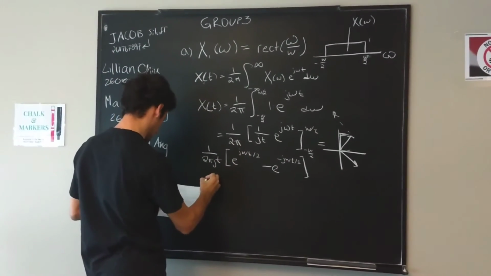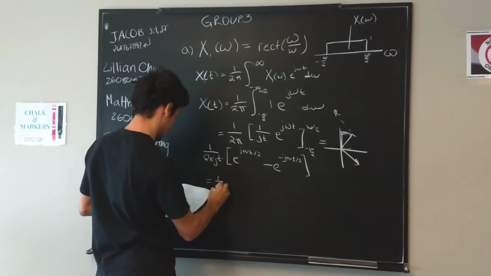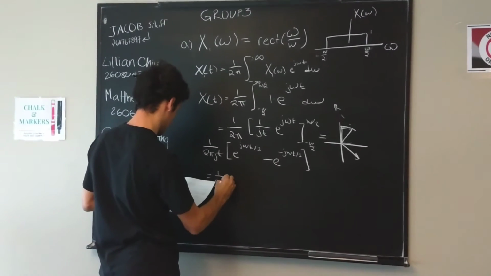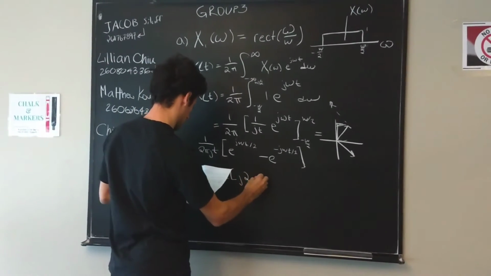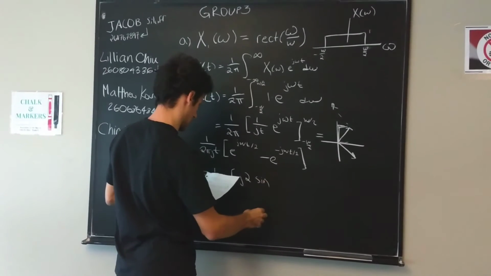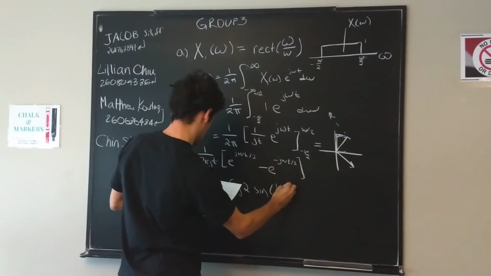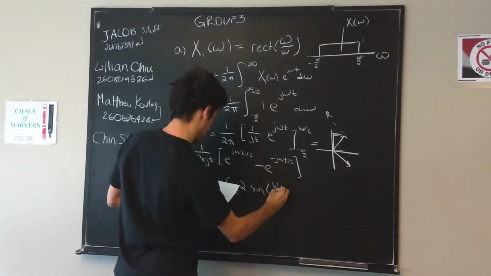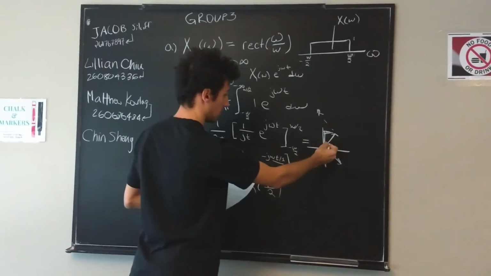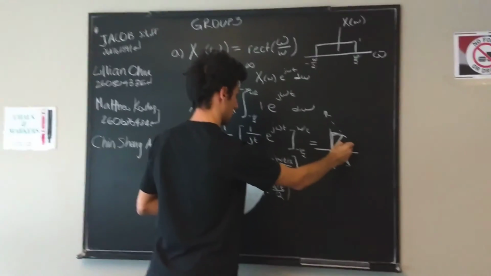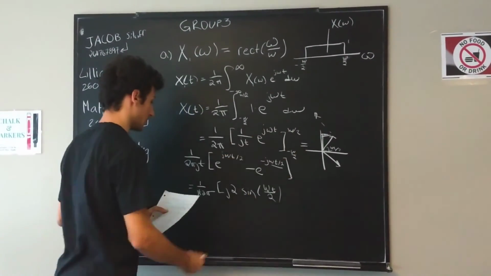So this is going to be equal to 1 over j t 2 pi times j 2 sine of wt divided by 2. And this just comes from the angle of our imaginary number.